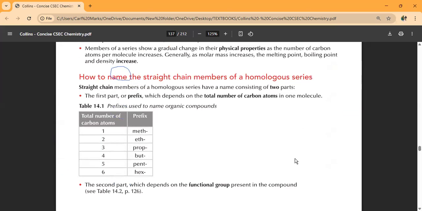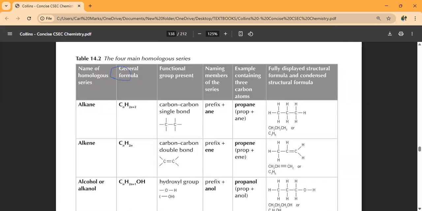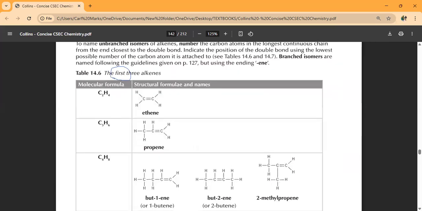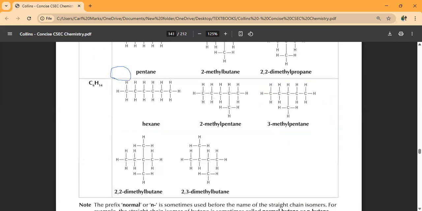Look in the table there. Hex. Good. And then we look at the functional group. What did you see in that compound? What's the ending we put with hex?